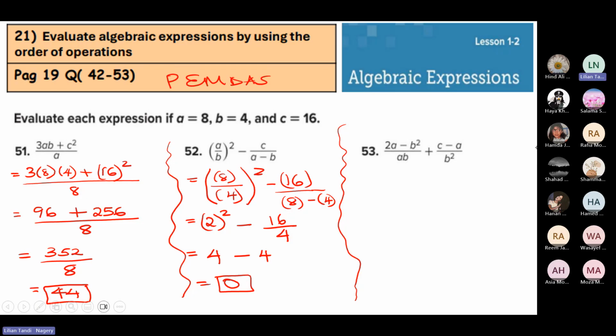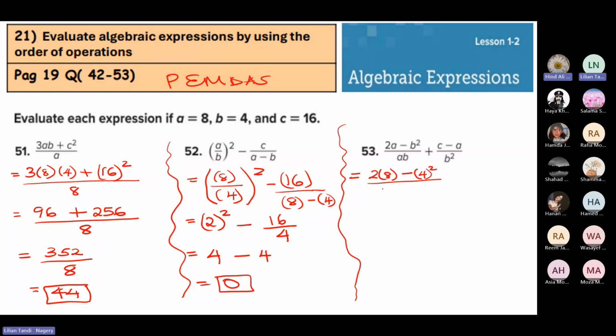Me. Okay, do. 2, wait, parentheses. Why are you forgetting your equal sign? 2 parentheses 8 close parentheses, minus parentheses 4 close parentheses, squared. Very good.